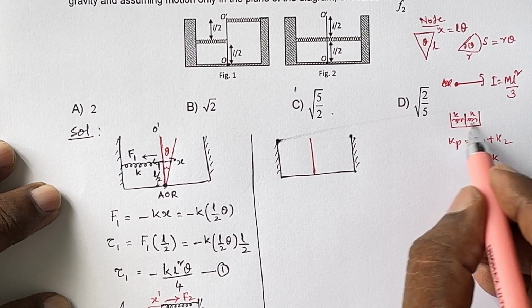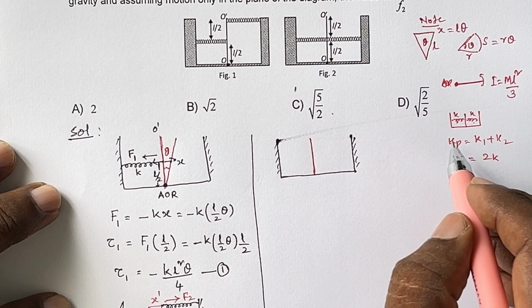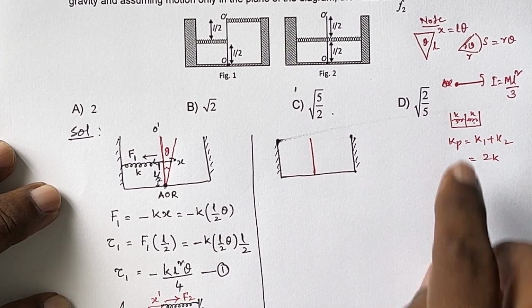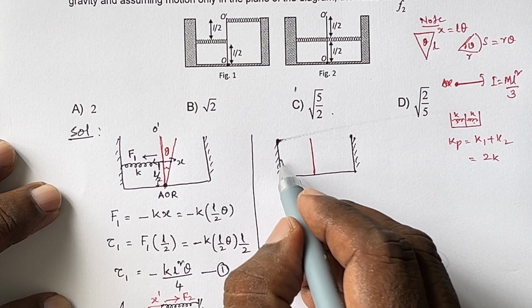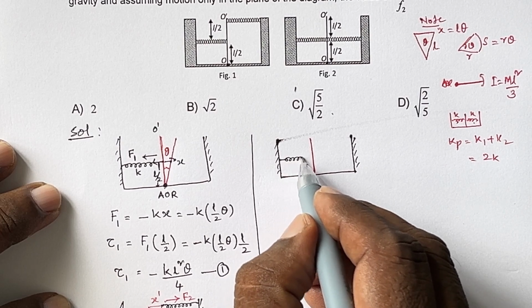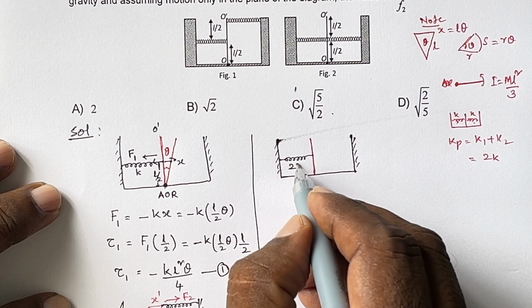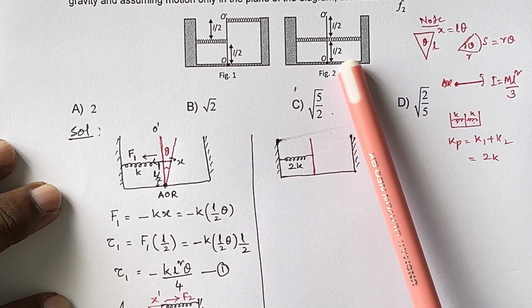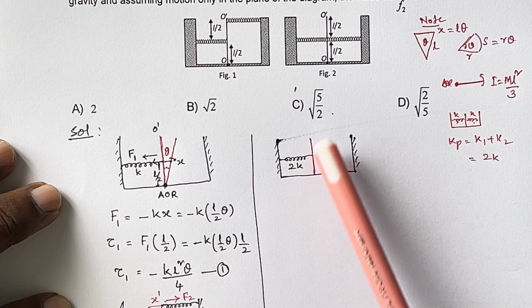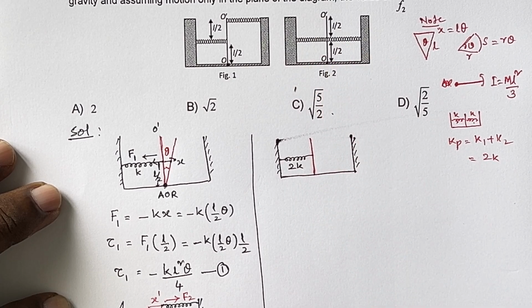So these two springs I can make into one, and the spring constant is 2K. This figure 2 is simplified like this. This is nothing but a parallel connection of two springs.